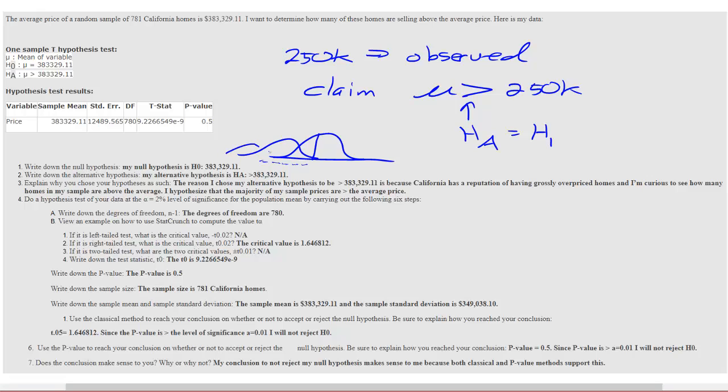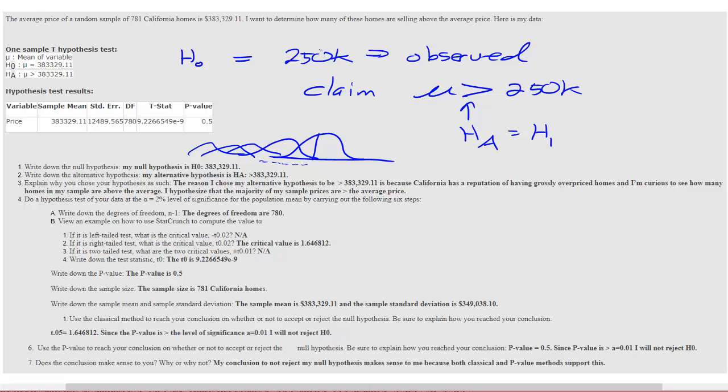So if you ever see articles or books saying it's now accepted behavior to make the null less than or equal to, those are people who don't understand how stats work. The null has to always be equal. So in this case, the null is going to be equal to 250K.